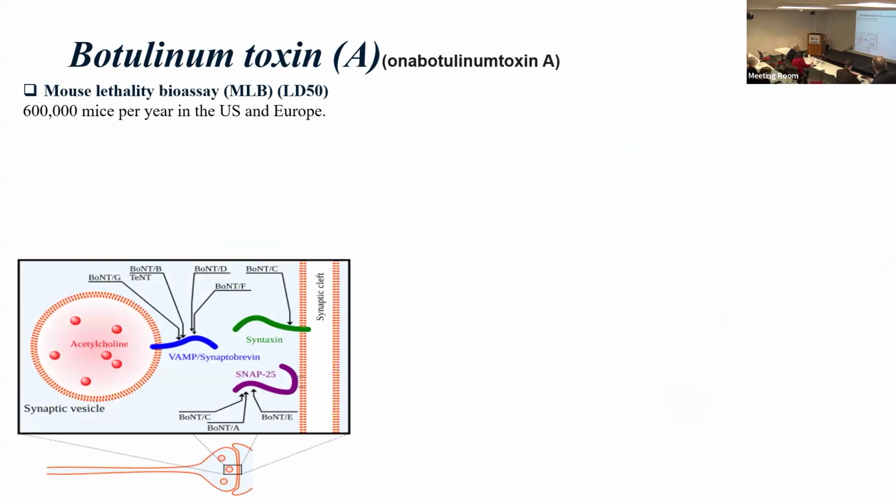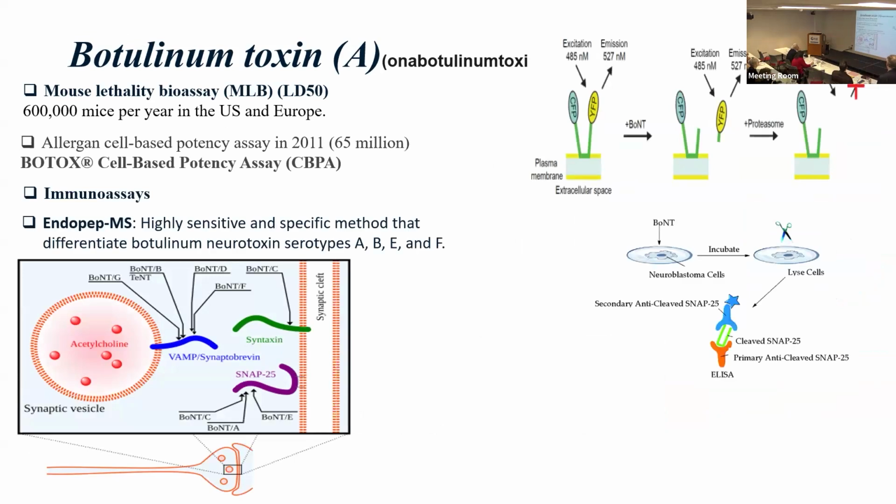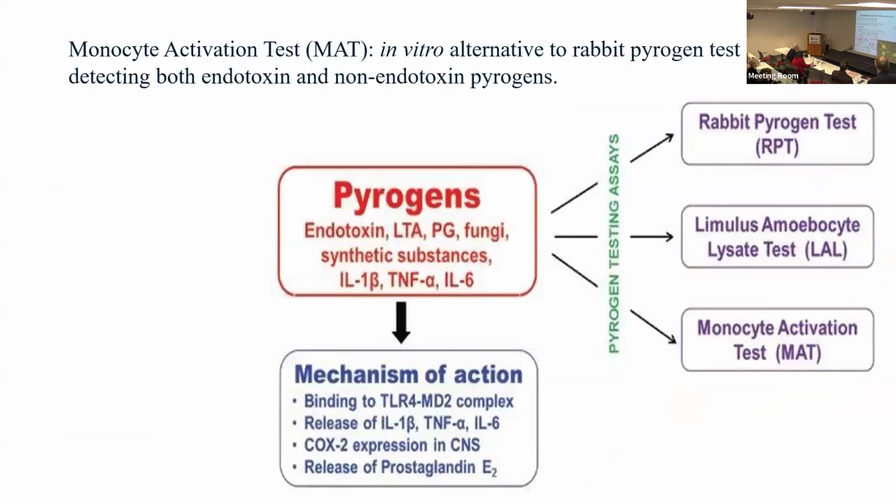The mouse lymphoma test, about 600,000 mice were killed annually for developing Botox, and Allergan spent about 65 million to develop their test. There are a couple of other tests that can be looked at as well. Pyrogen was developed a long time ago and has been used, and it was officially the monocyte activation test in 2010.